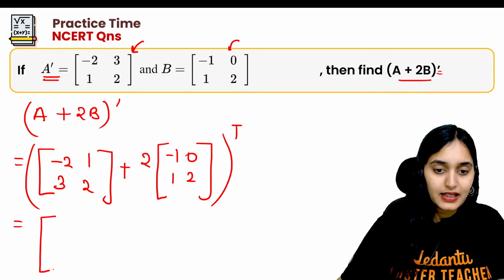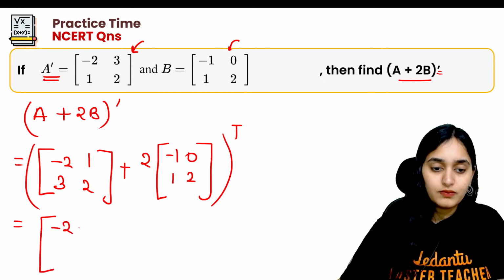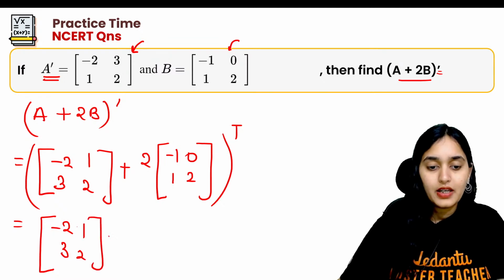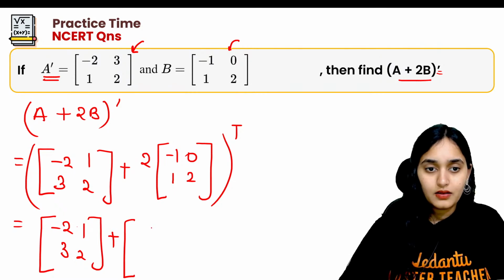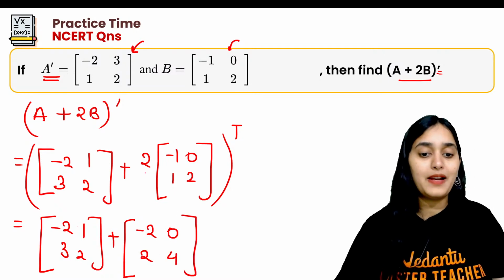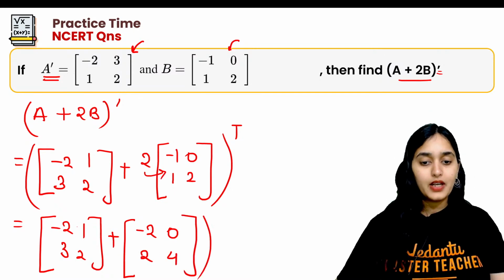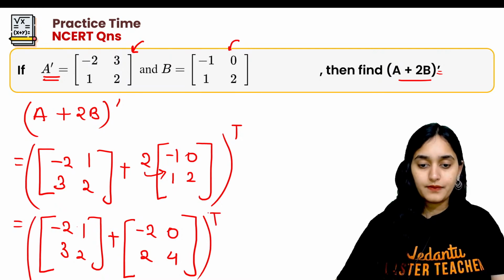So this is basically minus 2, 3, 1, 2 added with minus 2, 0, 2, 2 2s are 4. So I am multiplying 2 with all the elements. Okay. Whole transpose.